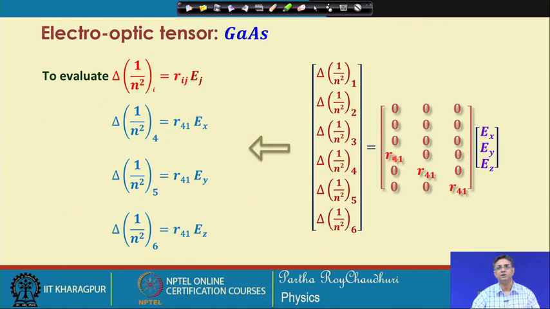Interestingly, because R41 is the only non-zero element, all of them are identical, but depend on the strength of the electric field for the 3 mutually orthogonal directions. If all the 3 components of the electric field are present, then all the 3 incremental changes in the refractive index or the corresponding impermeability will be associated as a consequence of the electric field.